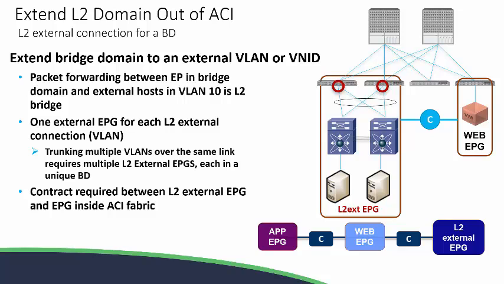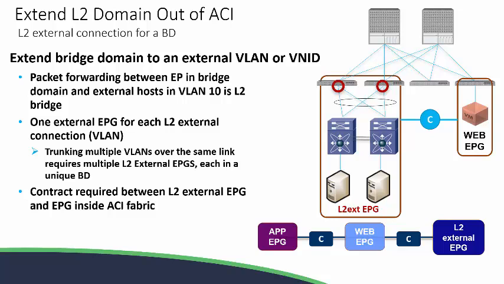So extending a bridge domain, since every EPG lives under a bridge domain, the second option is to extend the bridge domain itself outside of ACI, not the EPG. This requires creating an EPG for the Layer 2 external network. In the example, bridge domain 1 is extended to the Layer 2 switch with VLAN tag of 500.